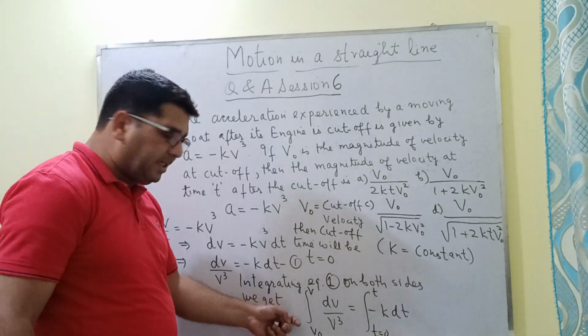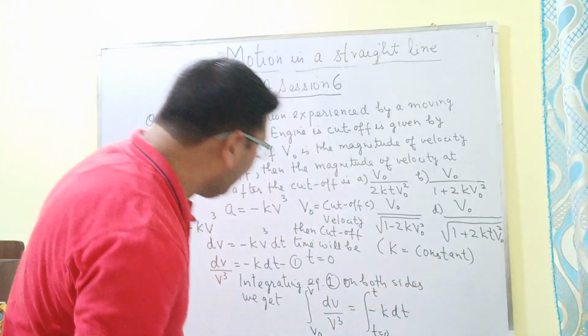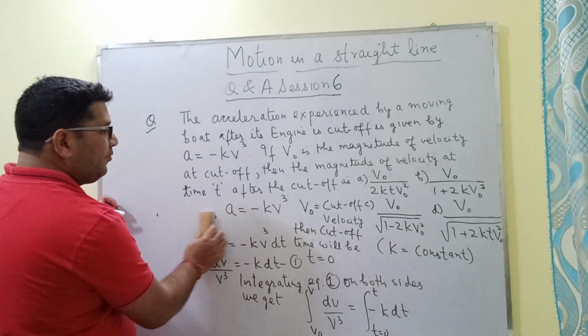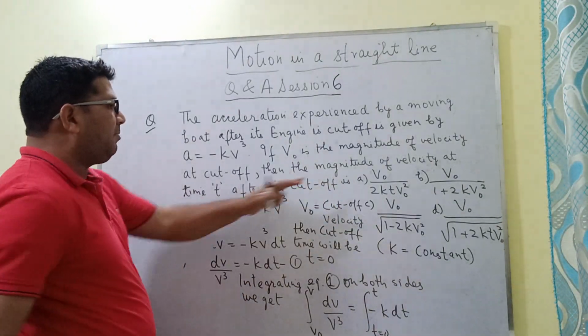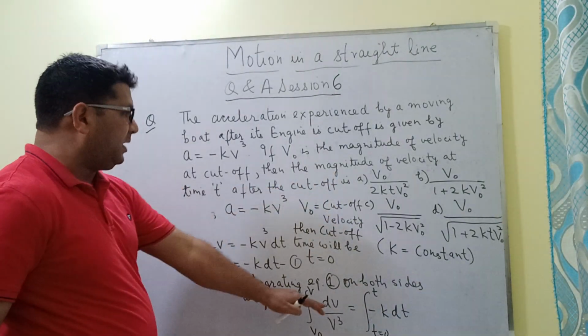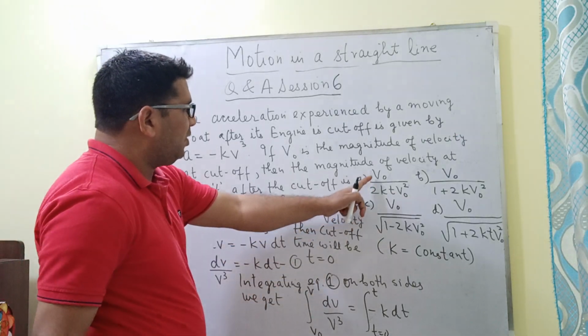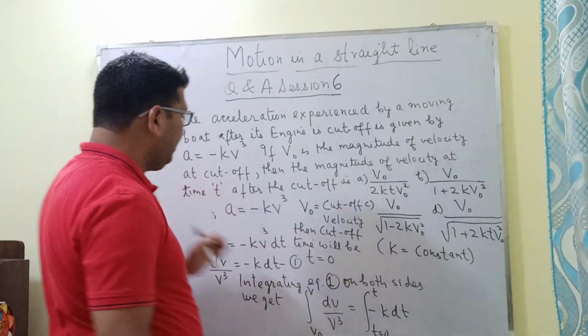Now we have to simply integrate this equation, and we will be able to get the magnitude of the velocity, that is v, in terms of v naught, k and t.